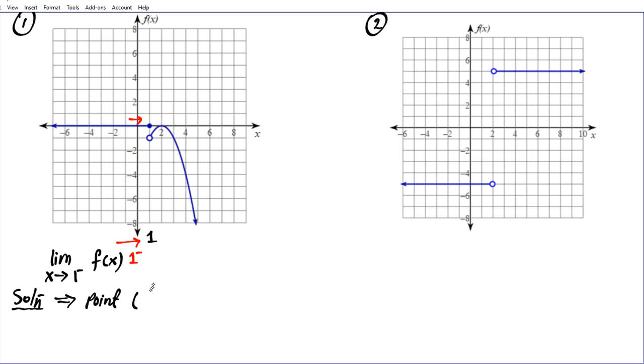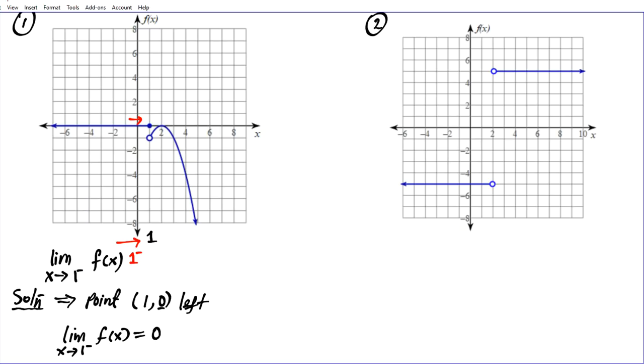The point that we're approaching is (1, 0). So the limit is simply the y-coordinate. The y-coordinate of this point is going to be the limit. So the answer, the limit as x approaches 1 from the left of the function, is equal to 0.